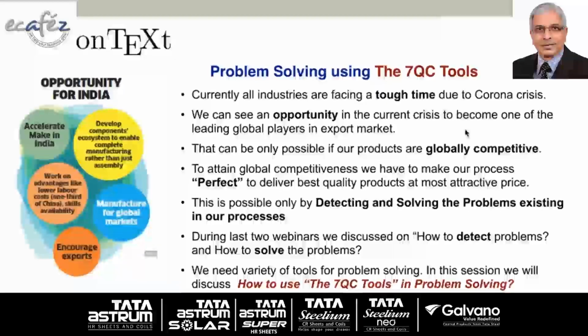That can be possible only if we systematically identify the problems in our processes which are impacting quality, cost, and delivery issues, and find appropriate solutions to make a perfect process. Then only we can be globally competitive.